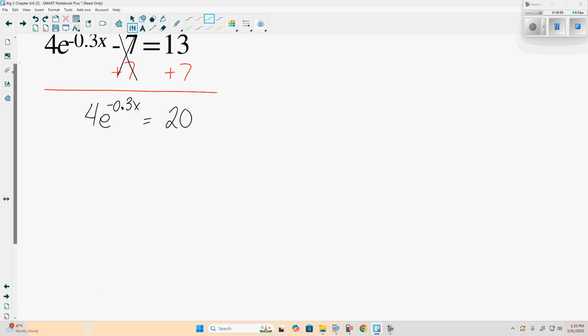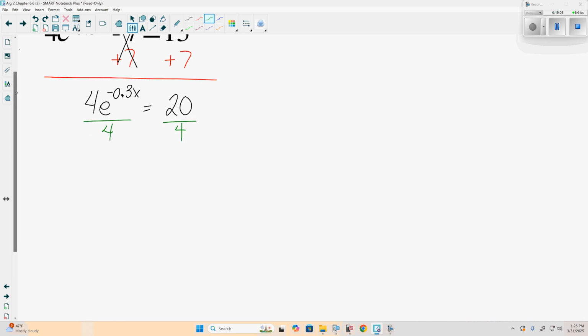What else can we do? What else is with e? We have that 4 in front, yes? Because if I divide this by 4, the 4 and 4 will cancel, telling me e to the negative 0.3x is equal to 5.